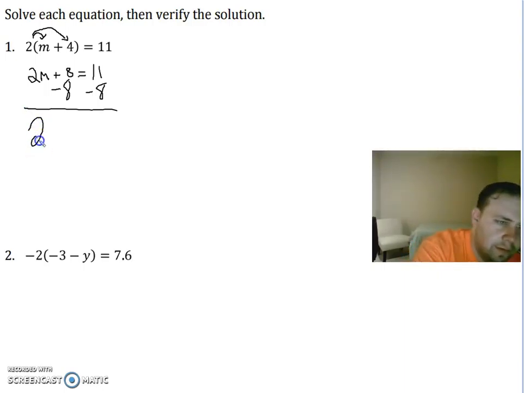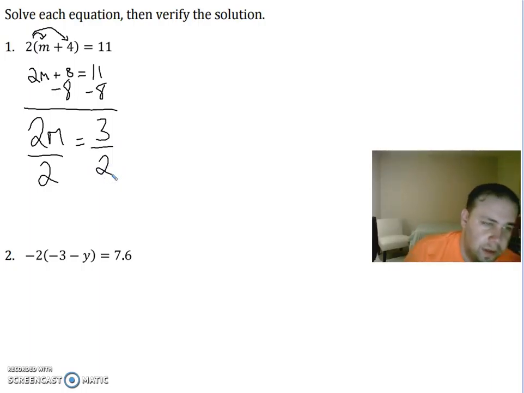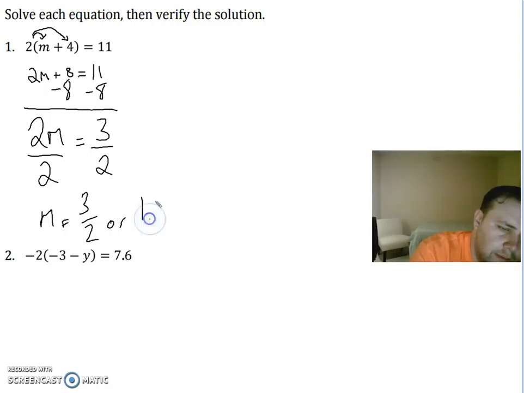I'm going to be left with 2m. 11 subtract 8 is 3. And 2m, I want to have m by itself. 2 was multiplying the m, so I divided each side by 2. So m equaled 3 over 2, or we could say 1.5.